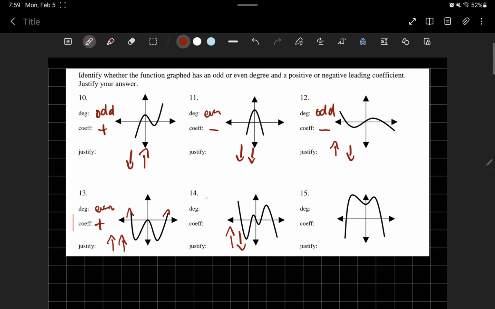So the degree is odd, then the coefficient is negative. And last one. Falling, then falling. So the degree is even, the coefficient is negative.